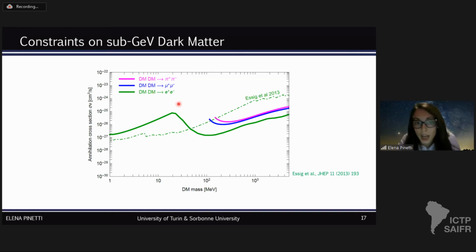Among the 3 channels that we consider, they focus only on the electron channel, and they derive their bounds by considering the final state radiation. So they do not include the inverse Compton signal. And we see that after 40 MeV, including the inverse Compton component makes quite a significant improvement.